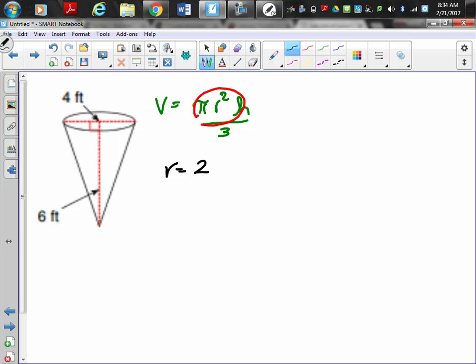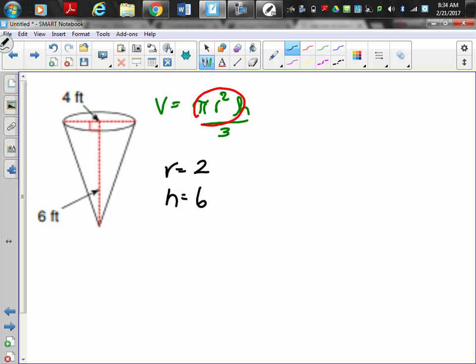So my height is 6. So at this point, Mr. Gumby, what do I need to do now to be able to finish? Do I have all the pieces that I need?